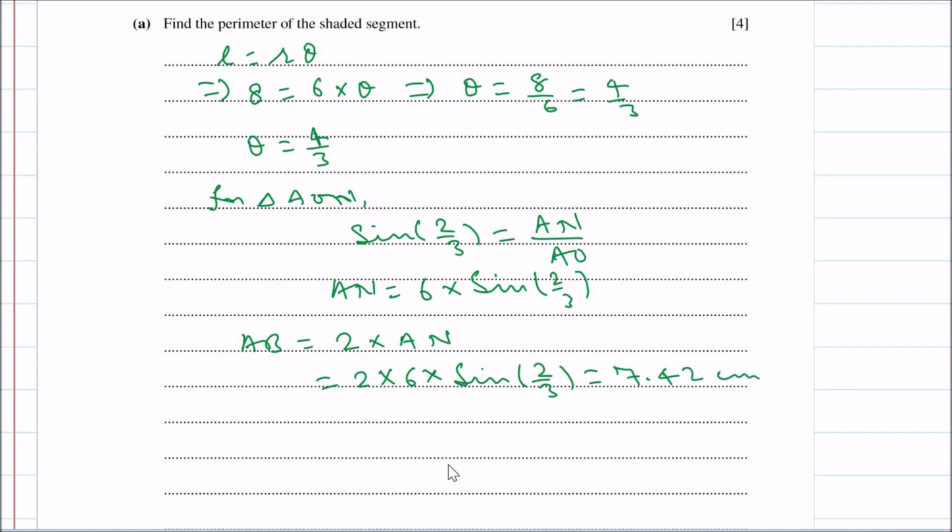Okay. Now to find the perimeter, what you need to do? AB is known, so we can find the perimeter now. Perimeter equals AB plus arc length AB. So it is 7.42 plus 8.